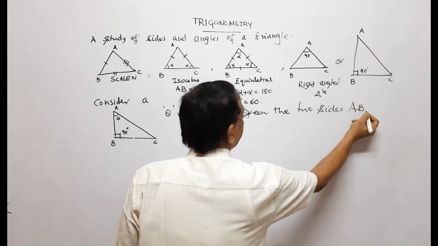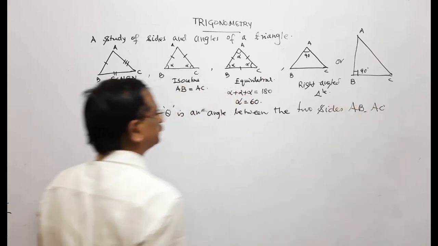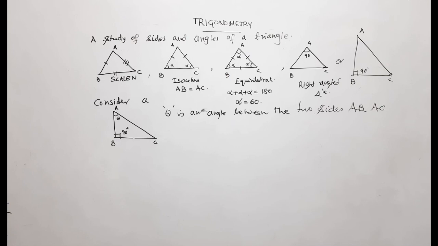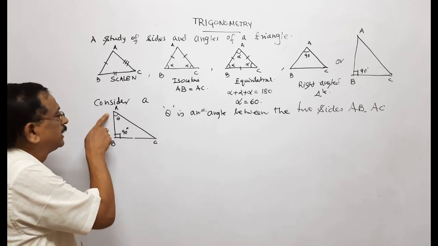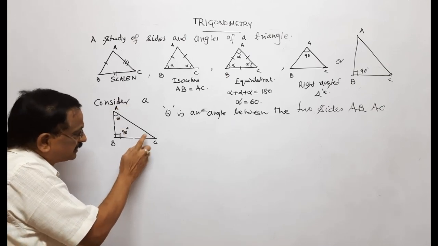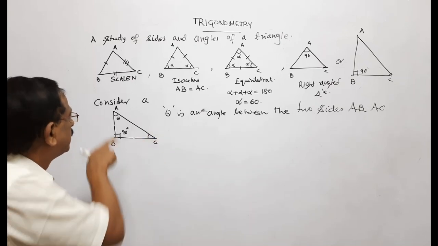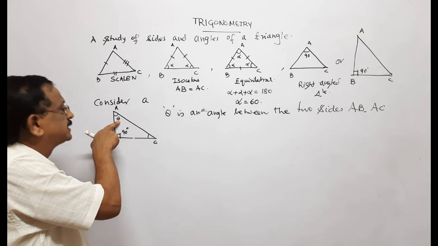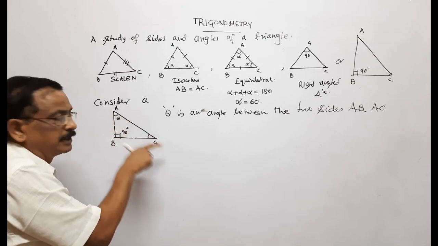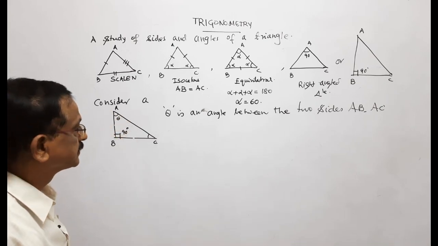Some people write angle A. If this is C, they write angle C. That's not the issue. So, if I write theta, it is an angle between the two sides AB and AC.